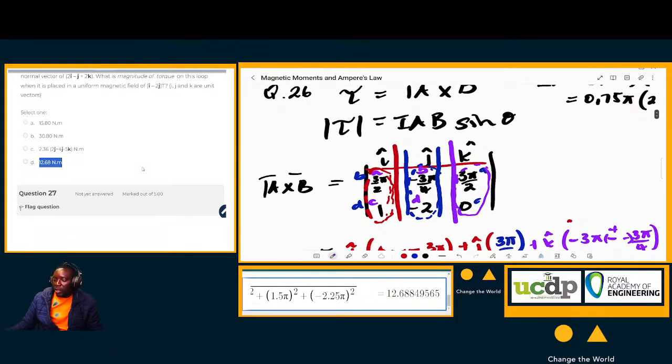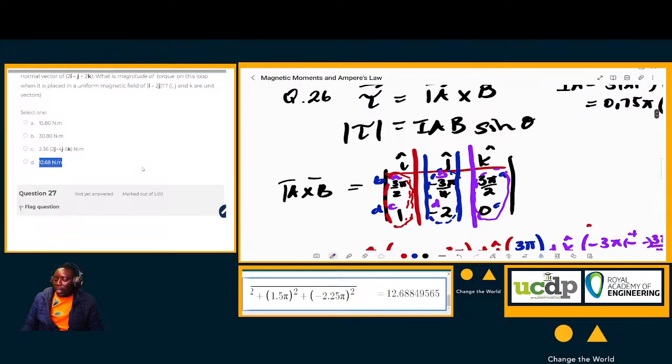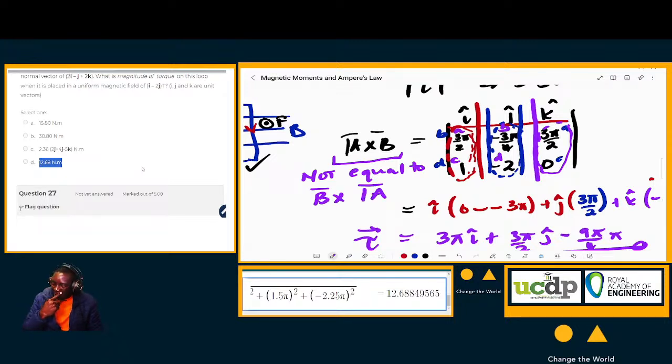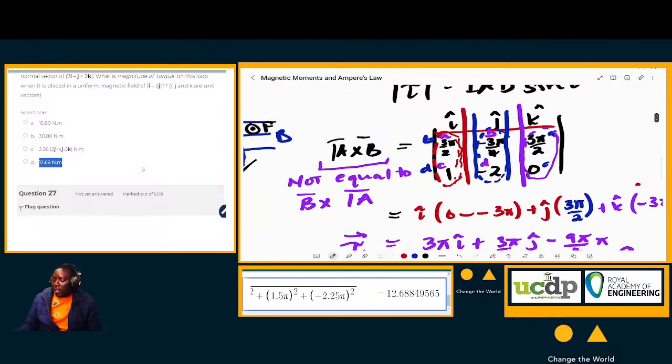You just need to express your vectors. Remember, the cross product is non-commutative, meaning A cross B is not equal to B cross A. If B cross A is negative, it will give us the negative value of that.